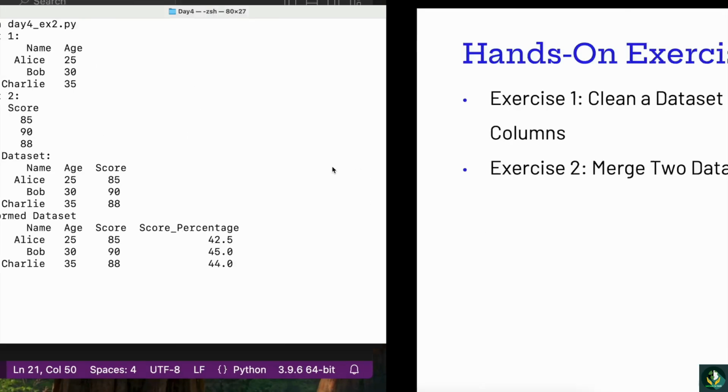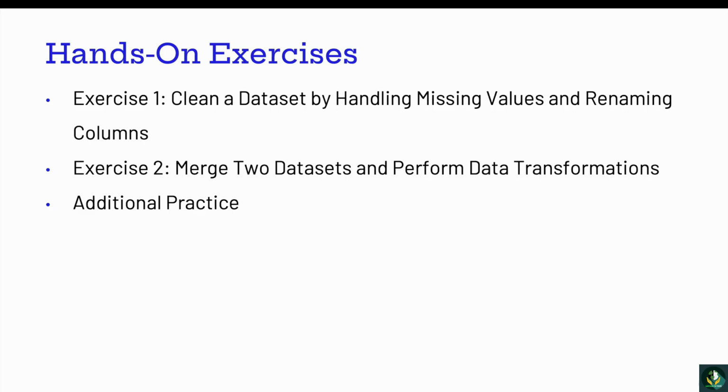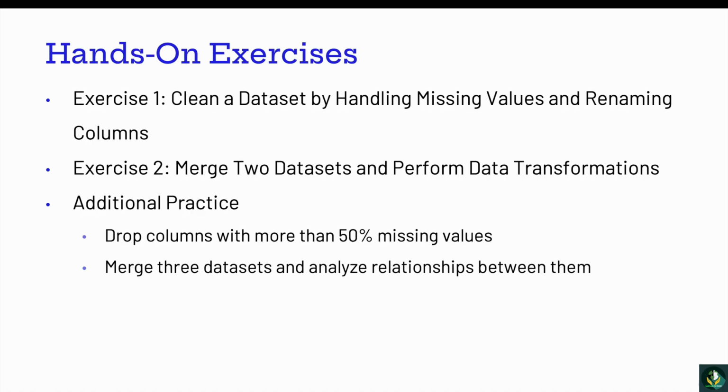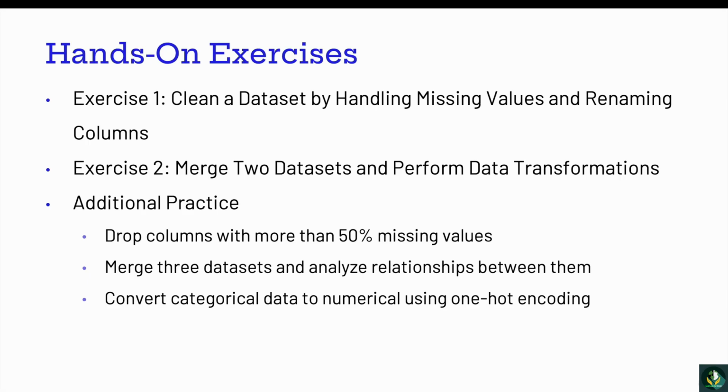Now that you've completed this, for additional practice, you can drop columns with more than 50% missing values. You can merge three data sets and analyze the relationship between them. You can also convert categorical data to numerical using one hot encoding. If you don't know what that is, look it up, but we'll be covering that in the future.